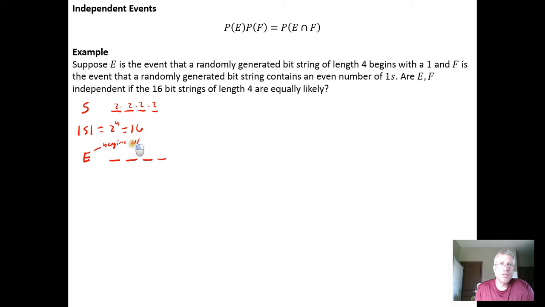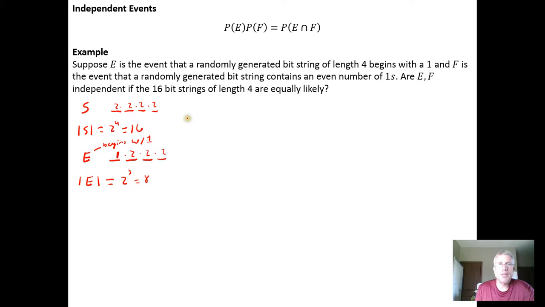That means there's a 1 in this slot, and you don't have any choices there, but you do have 2 choices here, times 2 choices here, times 2 choices here, and only 1 choice in the first slot because you're starting with the 1. So the size of E, the event that you begin with a 1 for your 4-bit string, is just going to be 2 cubed, or 8.